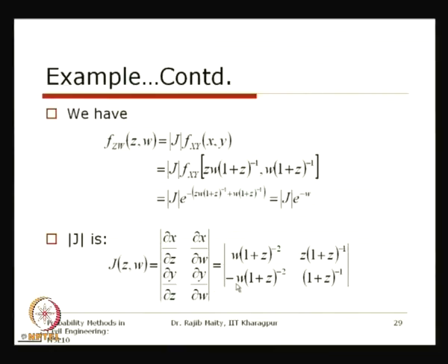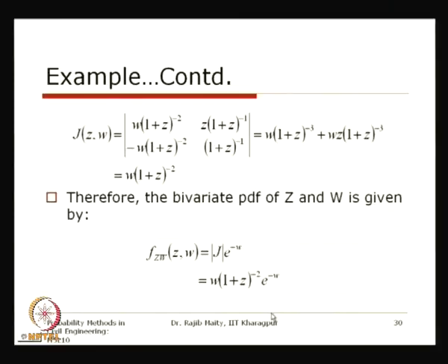If we solve it, after doing this calculation, finally we will get w into (1 plus z) power minus 2. So this is the Jacobian. So that joint distribution will be its Jacobian times exponential minus w, so w into (1 plus z) power minus 2 e power minus w.